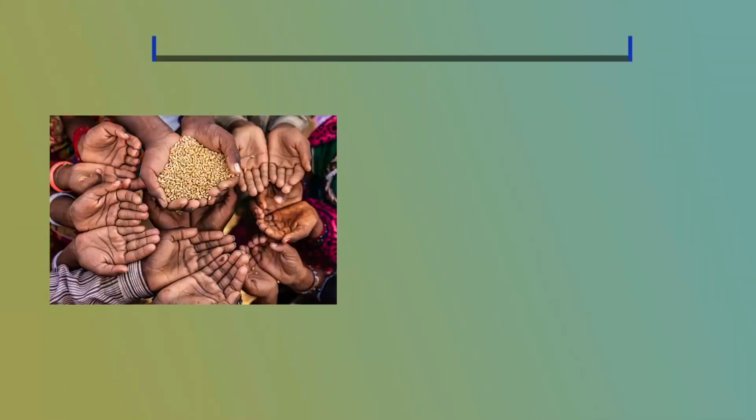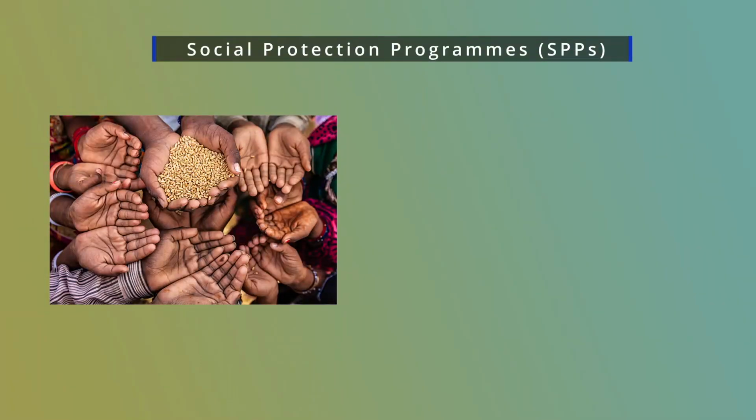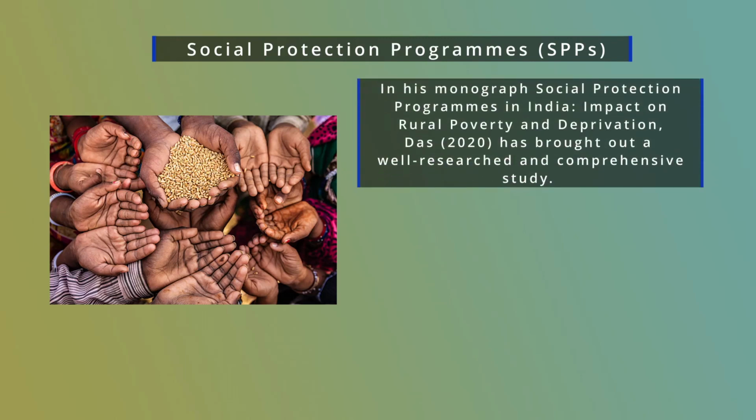In a particular work, Das in 2020, in his monograph, The Social Protection Program in India, its impacts on rural poverty and deprivation, has brought out a well researched and comprehensive study where he made an attempt to explore the impact of social protection programs on poverty and inequality. That is, to what extent social protection programs are able to reduce poverty and inequality.